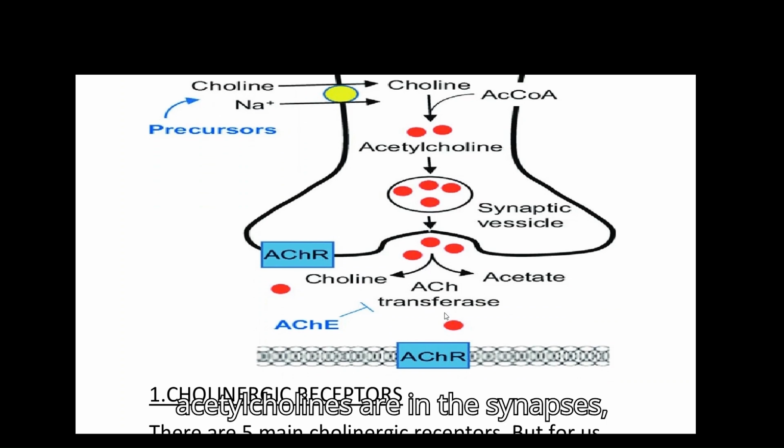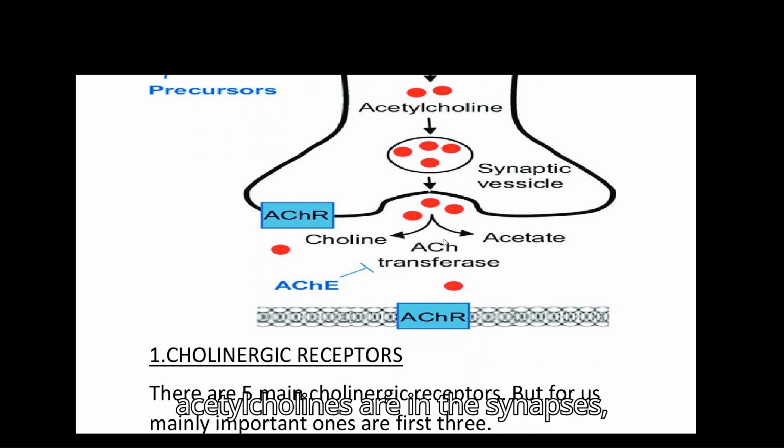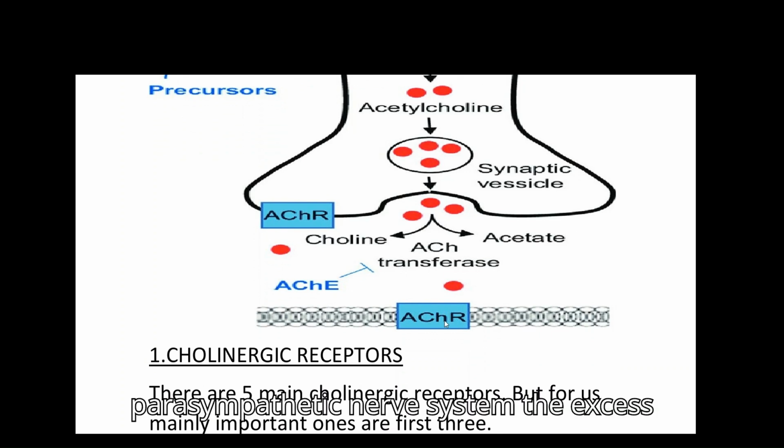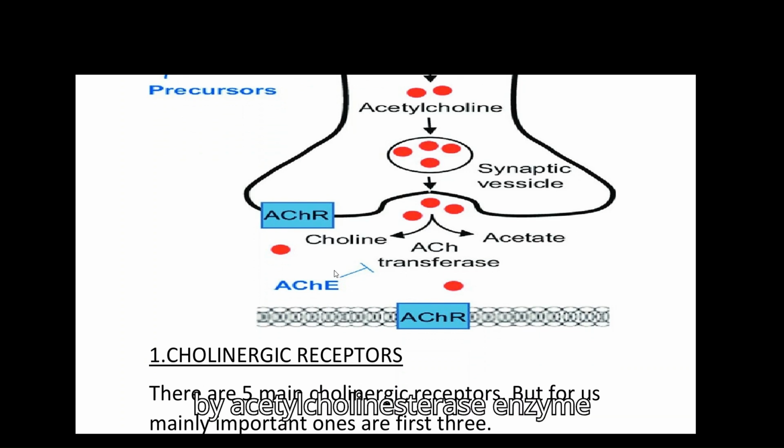When acetylcholine is in the synapse, it will bind with the acetylcholine receptors, and after mimicking the function which we need in the parasympathetic nervous system, the excess acetylcholine will be degraded by the acetylcholinesterase enzyme.